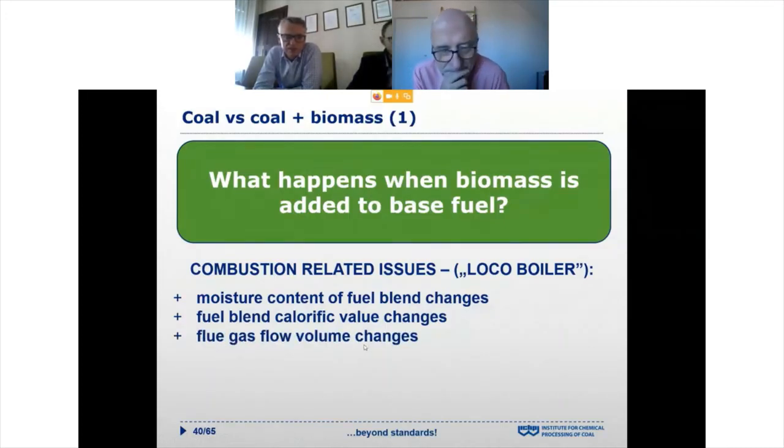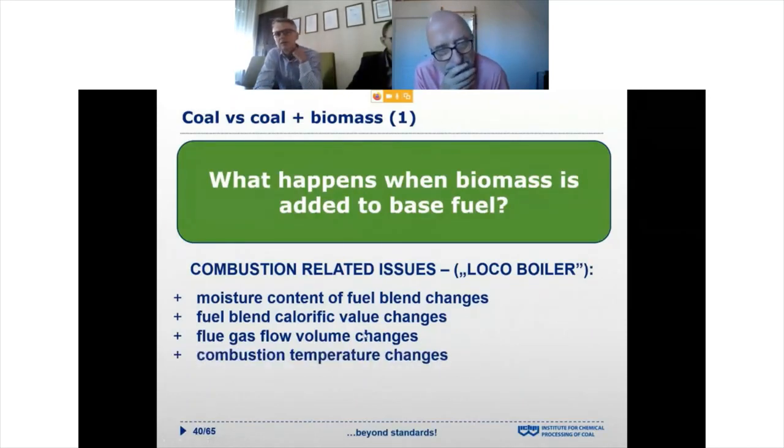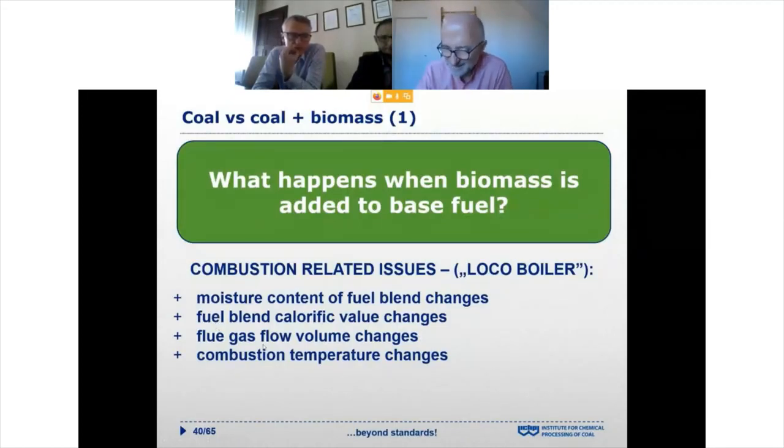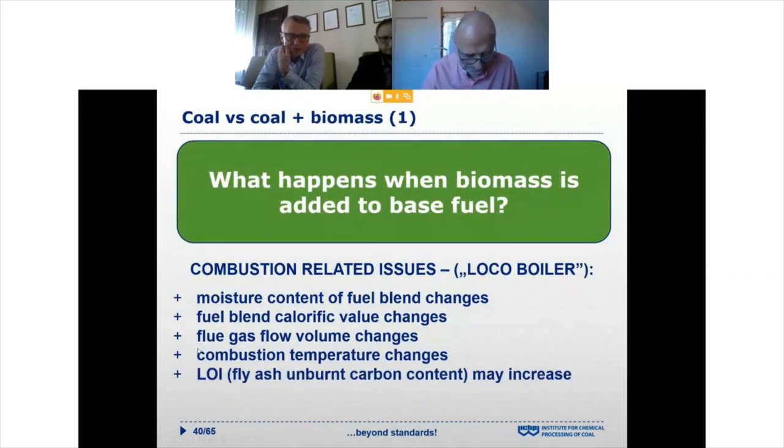And again the flue gas flow volume changes, as we have already said. And the combustion temperature changes because we have more water in the fuel. So we have more moist fuel, a higher flue gas flow and a changed combustion temperature.